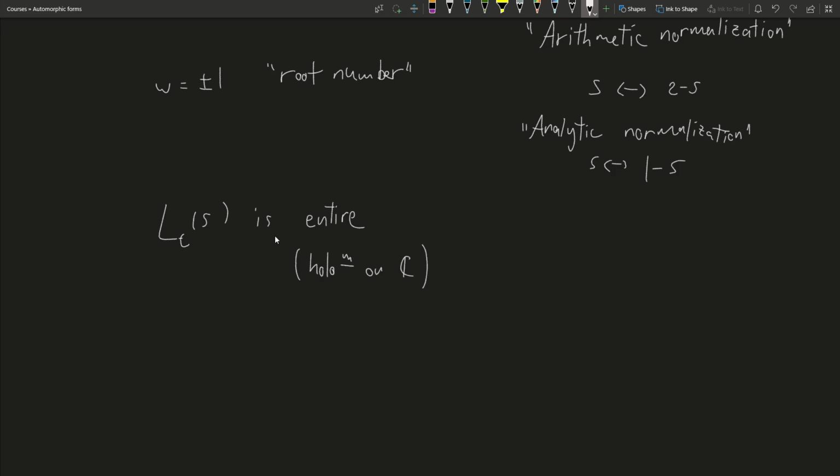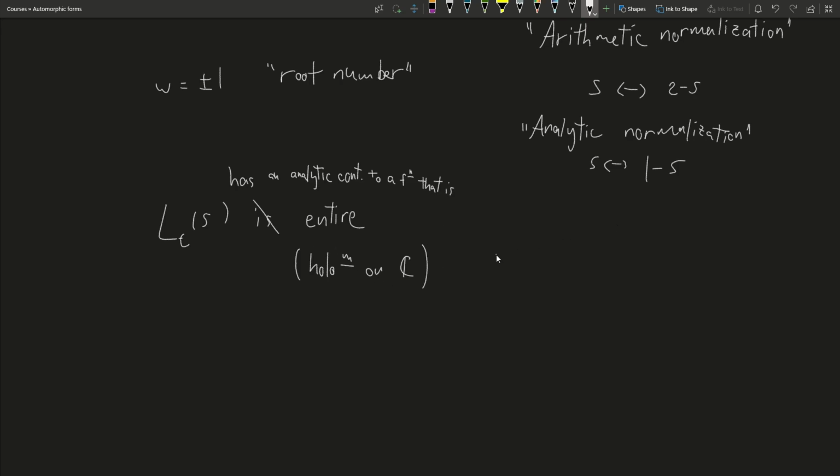I mean, it has an analytic continuation to a function that is entire.